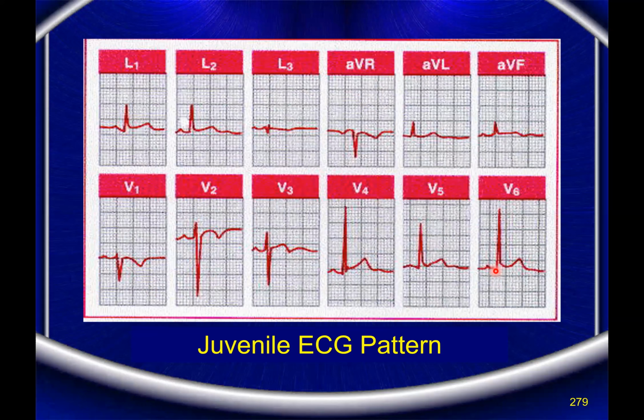So Estes point criteria are there, Cornell's criteria are there. Different criteria have to be used for pediatric and juvenile ECGs. Sometimes it is more than 35.